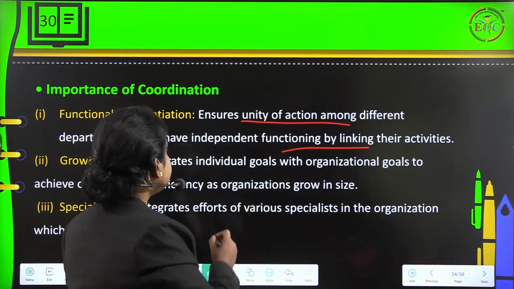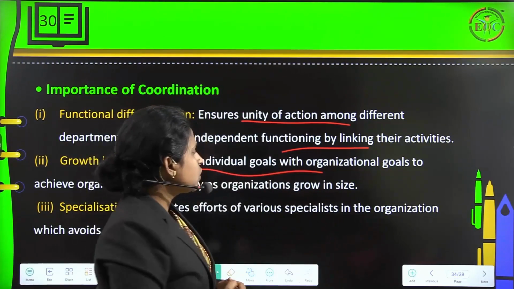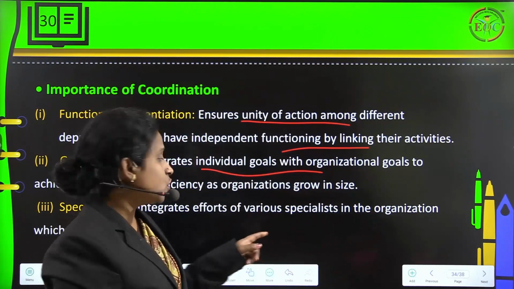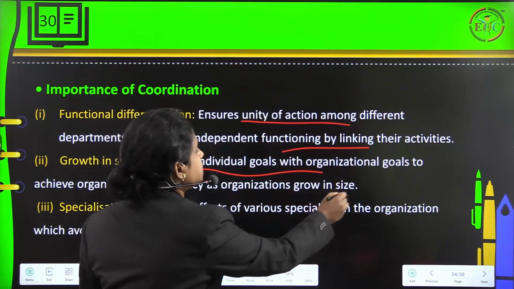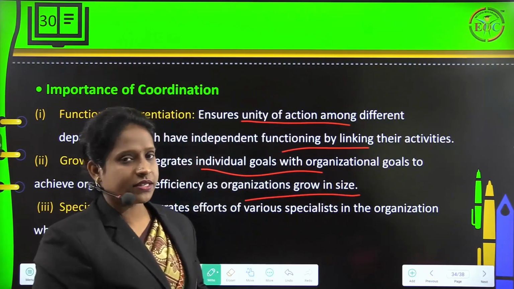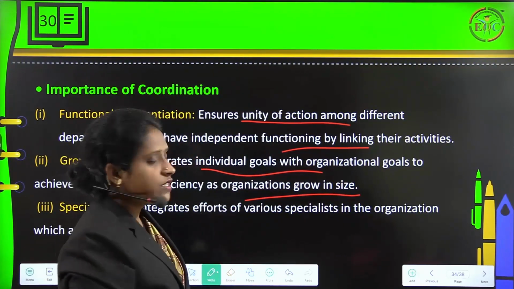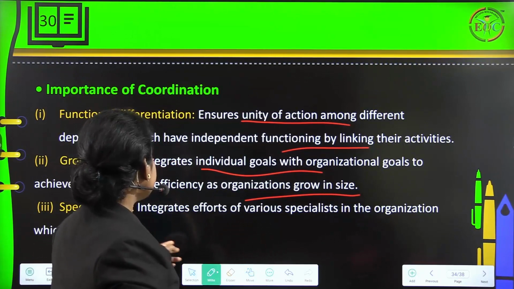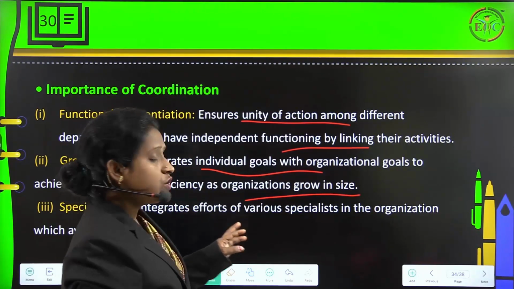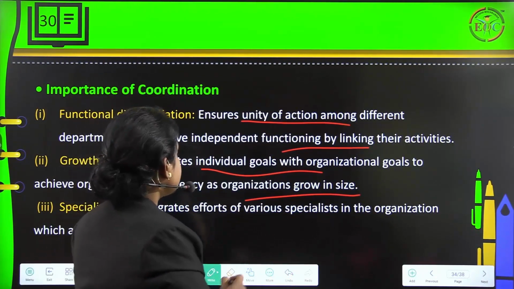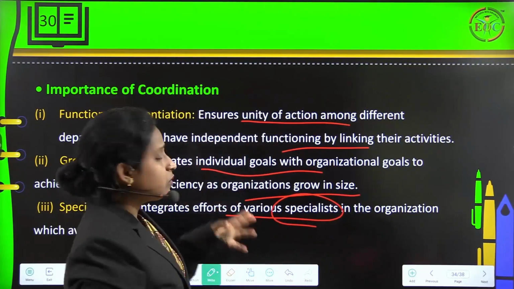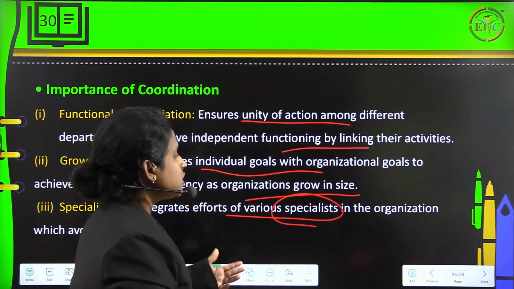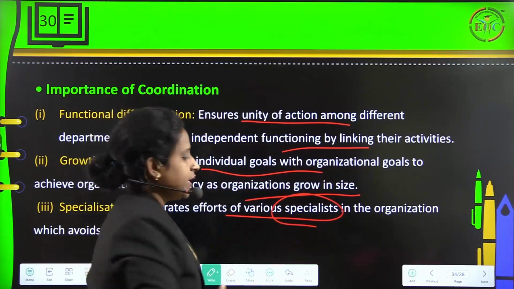Here it integrates individual goals with organizational goals to achieve organizational efficiency as organizations grow in size. And next is specialization. Coordination also integrates the efforts of various specialists in the organization, which avoids conflict. When there is good coordination, conflicts can be avoided.